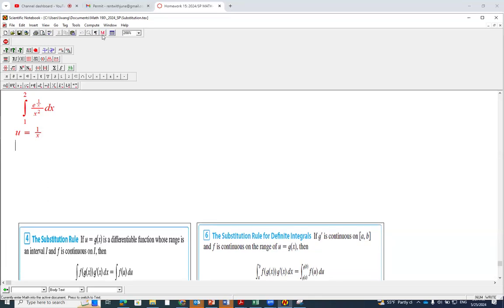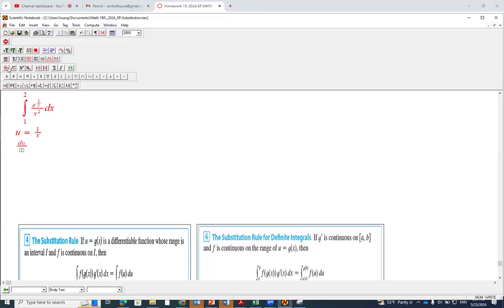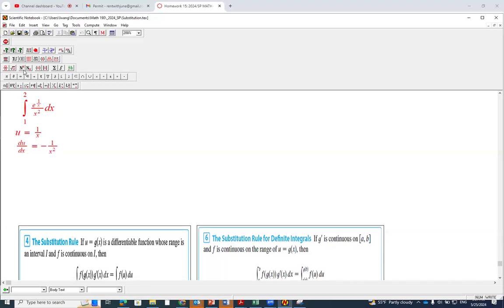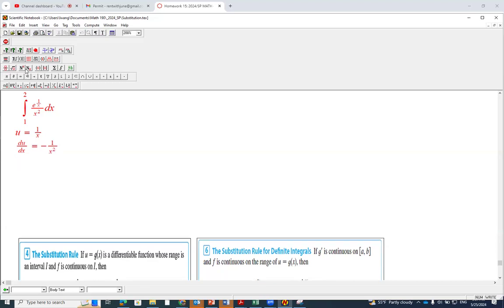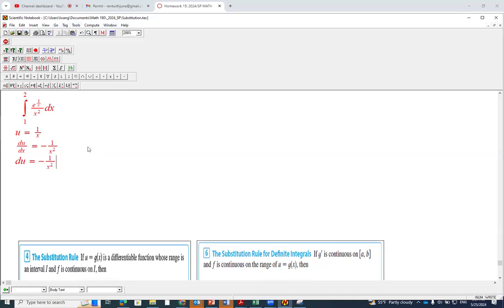What is the derivative of u with respect to x? du/dx equals negative 1 over x squared. Therefore, du is equal to negative 1 over x squared multiplied by dx.